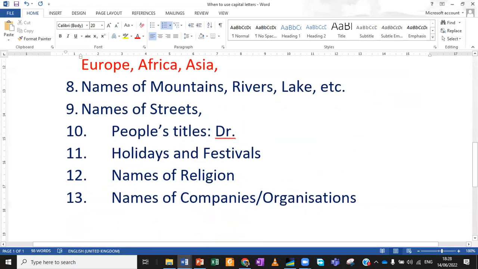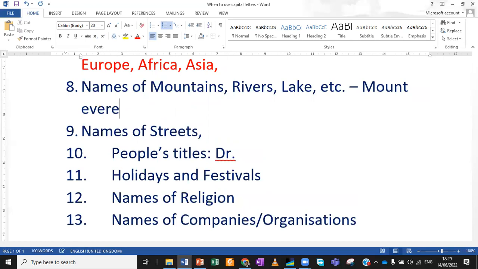Names of mountains, rivers, lakes. They are very popular mountains. Do you know any? Mountain Kilimanjaro. Now, Mount Everest. If you want to write Mount Everest, you must start with capital letters.